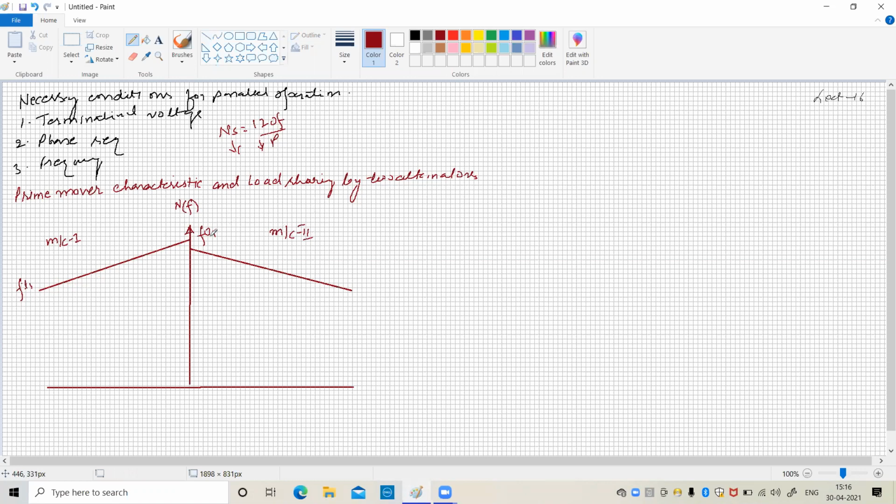So this is the no load frequency of machine 1, and this is the no load frequency of machine 2.